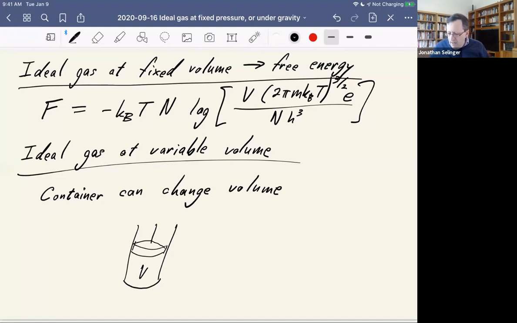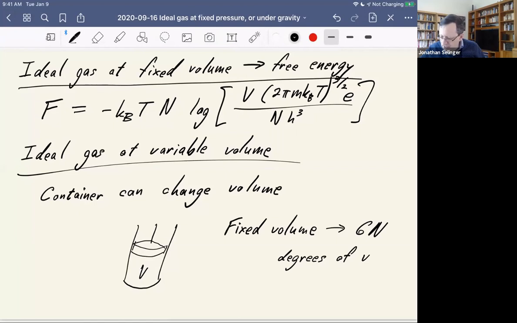All right. So now there's an extra degree of freedom. If there were a fixed volume, as we had on Monday, there are 6N degrees of freedom, for the positions and momenta of all the molecules.